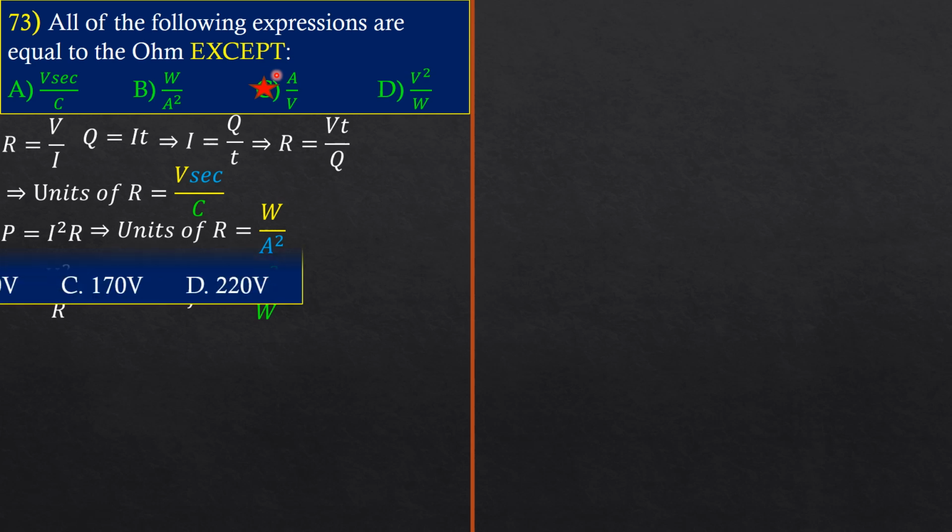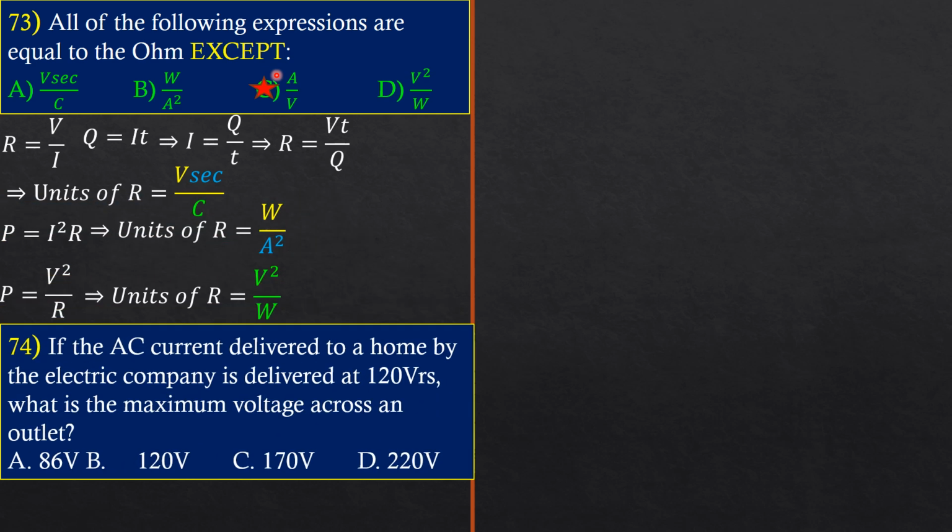Let's look at question 73, guys. It reads: if an AC current delivered to a home by an electric company is 120 V rms, that is the root mean square voltage, what is the maximum voltage across the outlet?